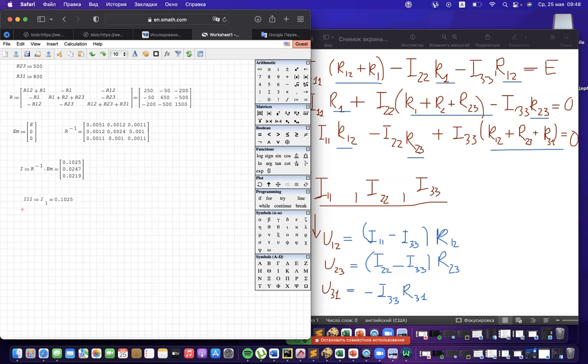Here it is. Then our current I22 will be our matrix, putting here the second element, and I33 equals the matrix, the last element. Here it is.